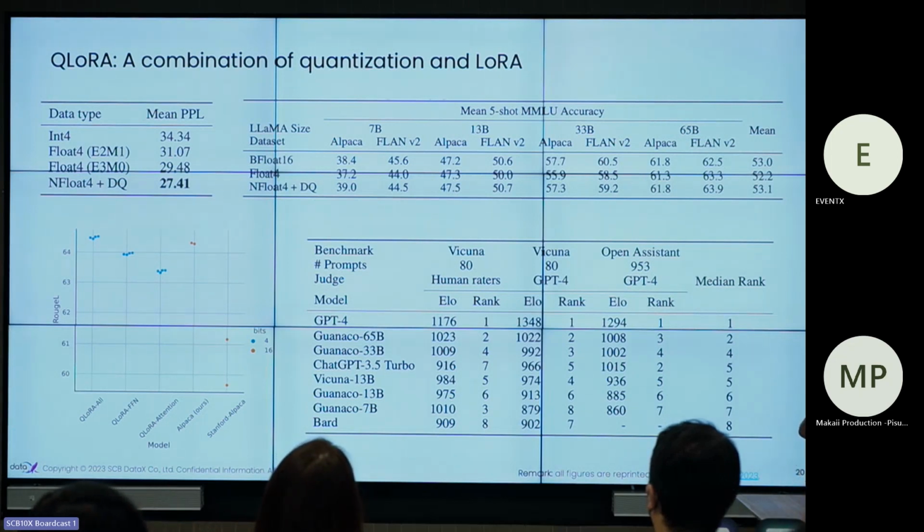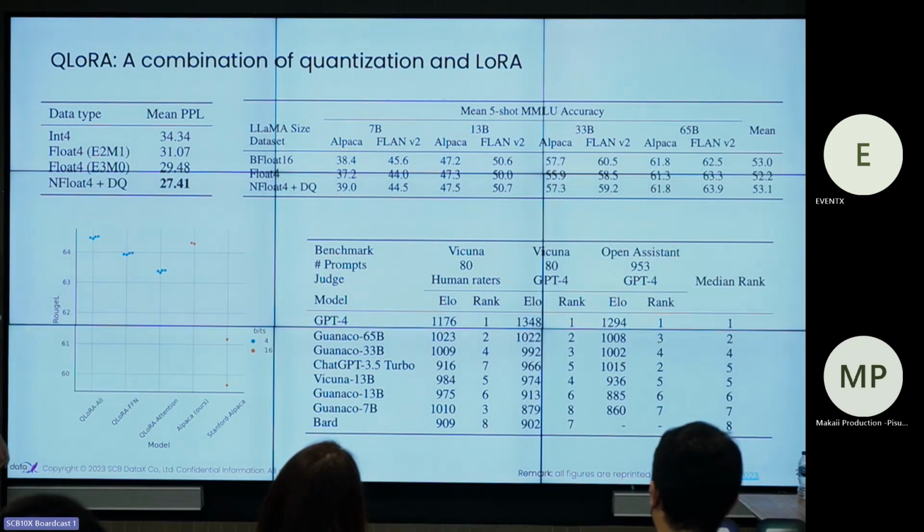Okay, so let's get back to the detail here. I will talk about this first. The ROUGE score is a metric to measure the performance of the model, and higher is better.